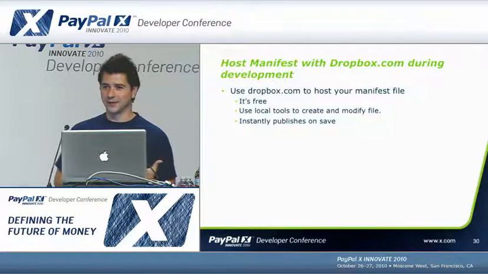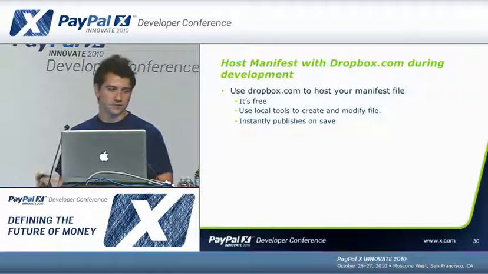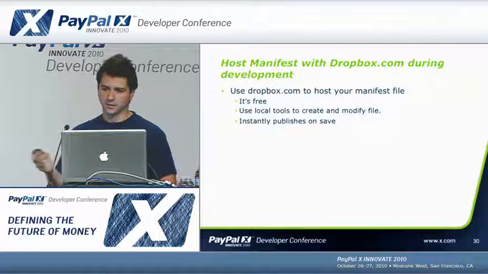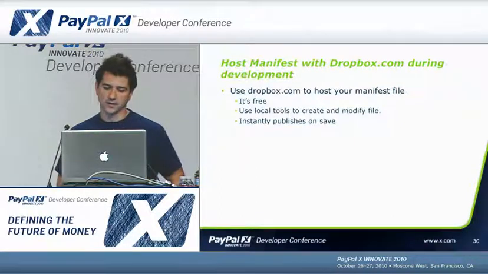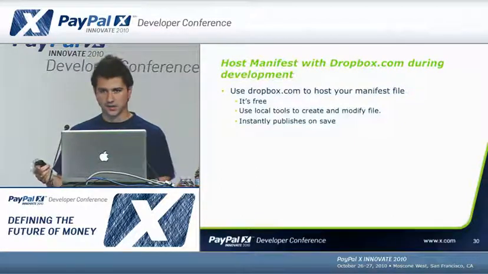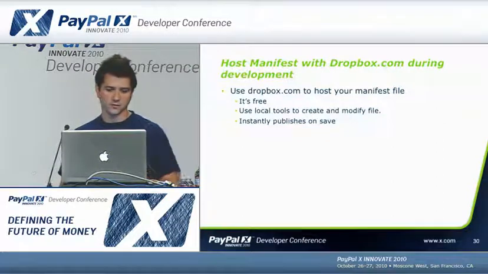So I just took the URL and put it right inside of iGoogle. So then on my desktop, I'm literally just saving the file, and in iGoogle, it just keeps grabbing the changes. It was a really quick, easy way, especially if you're behind a firewall, to expose your manifest file and do your development. And then when you're done, you would eventually put it in your code base and on your own servers, but it's really good for development purposes.